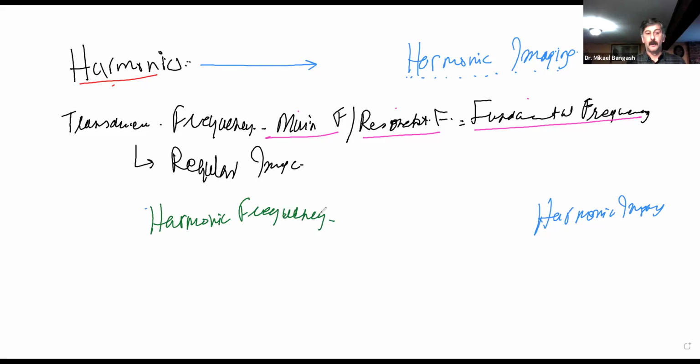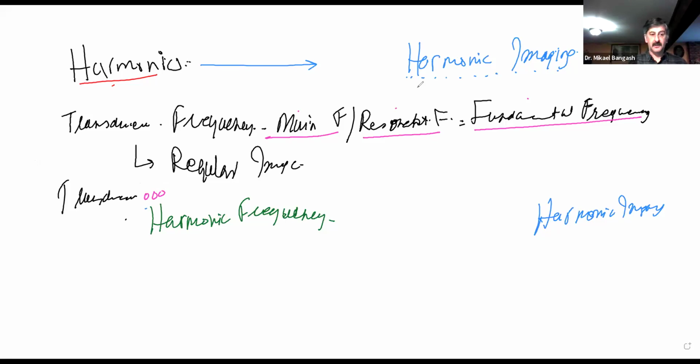Clear, okay? Now your question is going to be, where would that harmonic frequency come from? Well, the frequency is still going to be produced by the transducer. The transducer is still going to produce the main frequency, resonant frequency, or fundamental frequency.